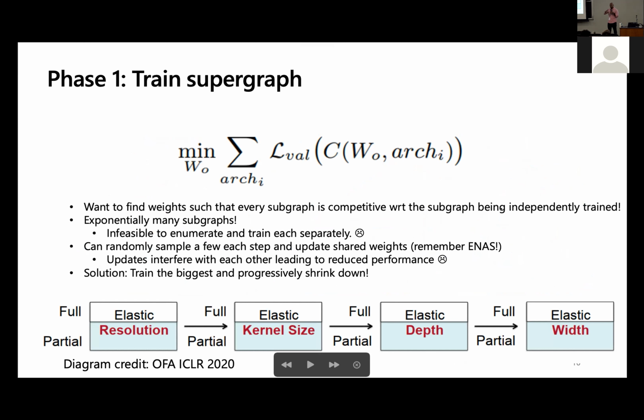Then you slowly come down and zoom into all the smaller architectures inside the supernet and make sure they are also getting trained, such that they compete against what you would have if all the subgraphs were independently trained. You want to minimize the discrepancy in ranking you would have if you had the compute to train all of them independently, which you don't. So that's why you have all this complexity in training.